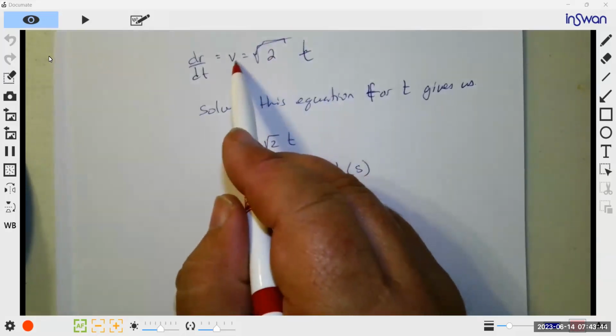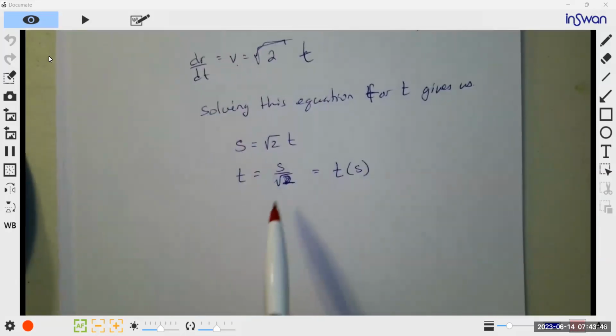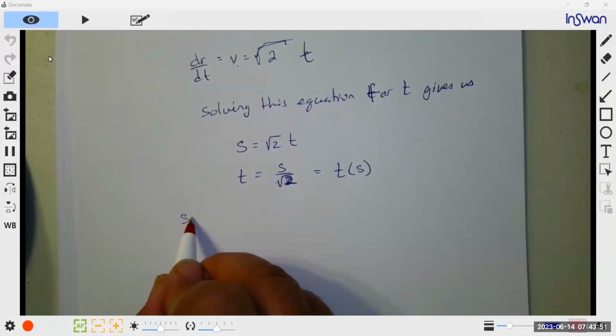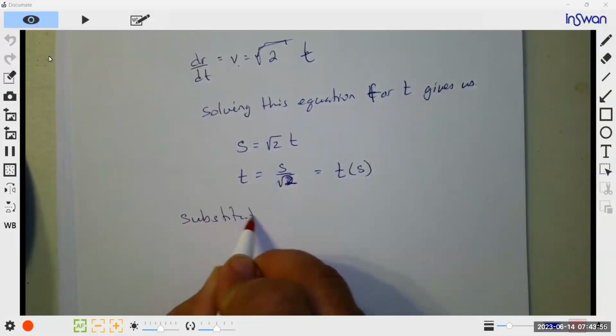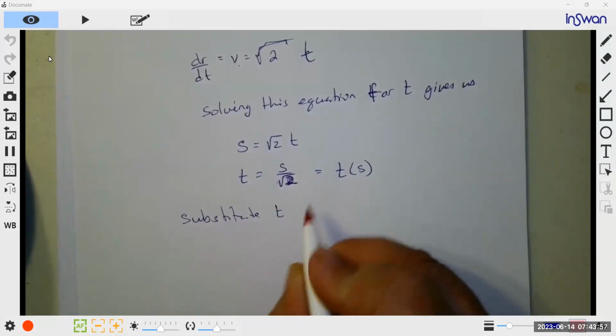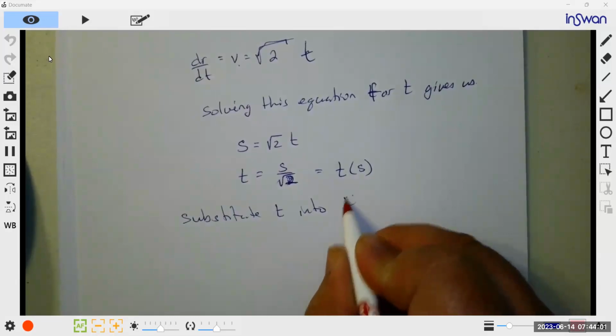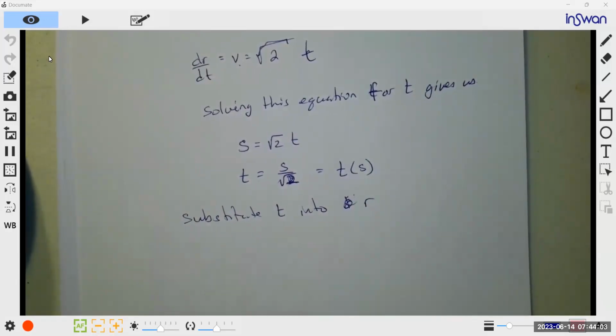So once we found that, what do we do with it? Substitute t into r.